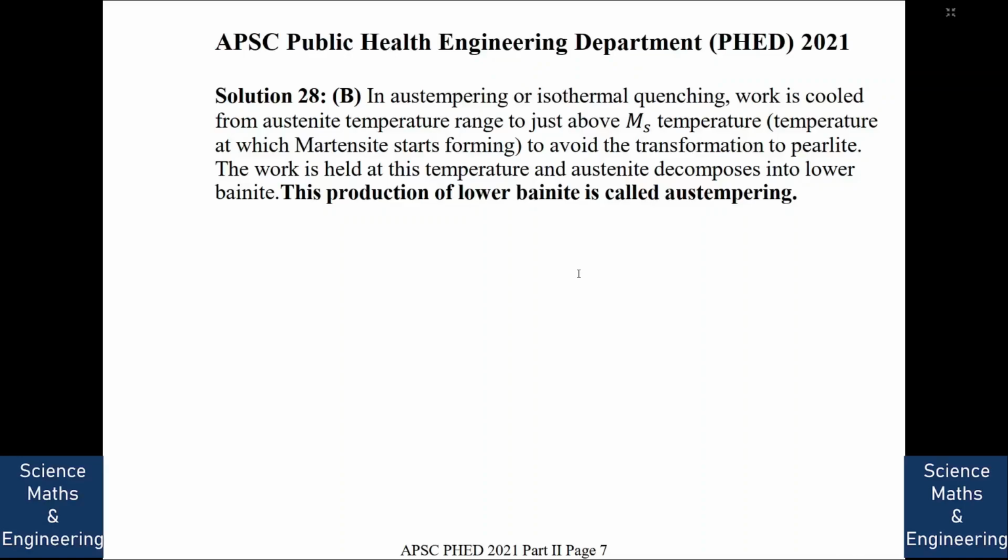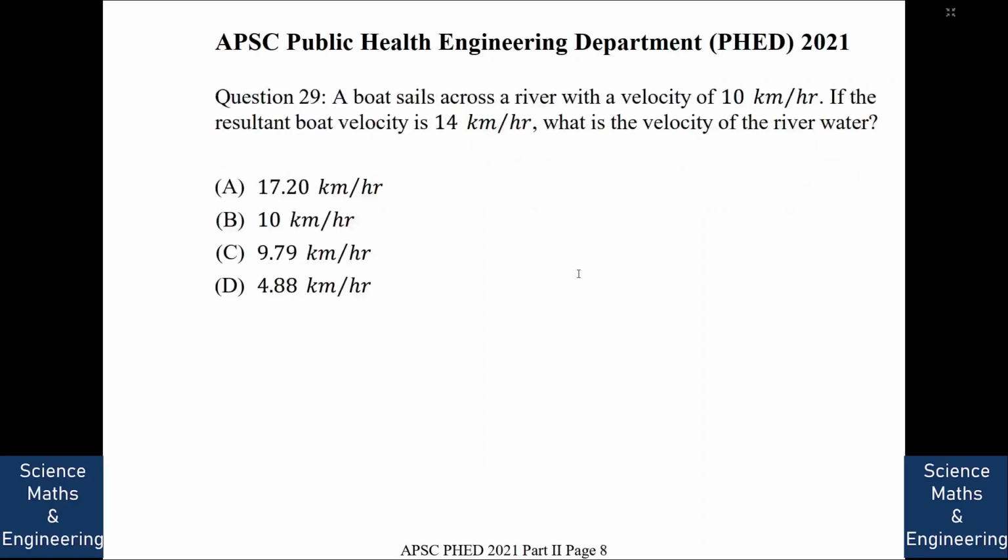The work is cooled to just above Ms temperature to avoid the transformation to pearlite. So we see that pearlite is not formed, and then the work is held at this temperature and the austenite decomposes to lower bainite. So this process is known as austempering. So we'll go to the next question.